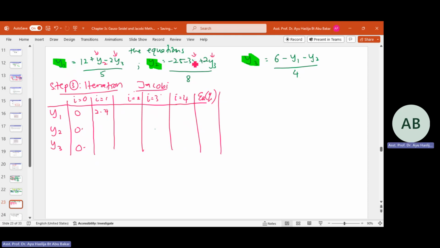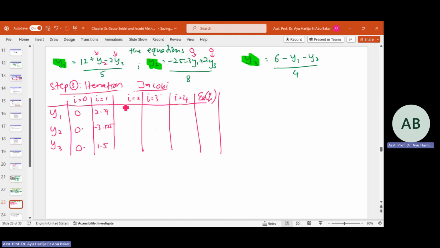Y1 equals 0, Y3 equals 0. You get your Y2, negative 3.125. Similar to Y3, Y1 and Y2 equal 0. What do you get for Y3? 1.5, correct. Okay, so this is the first iteration value.